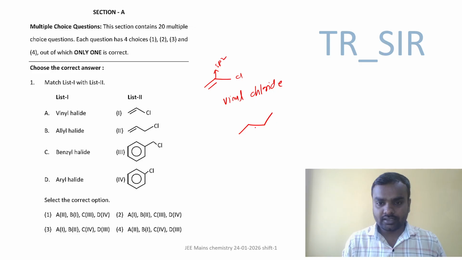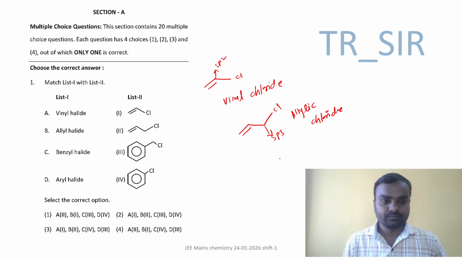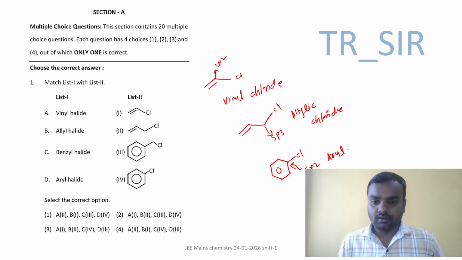If halogen is connected to sp3 carbon, that is allylic chloride. Now, in the case of aromatic, if halogen is connected to sp2 carbon, this carbon is sp2, then that will be aryl chloride, or chlorobenzene.